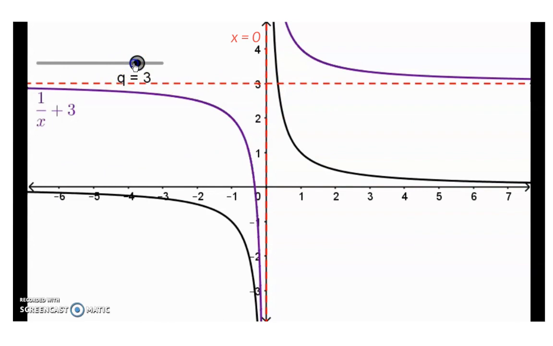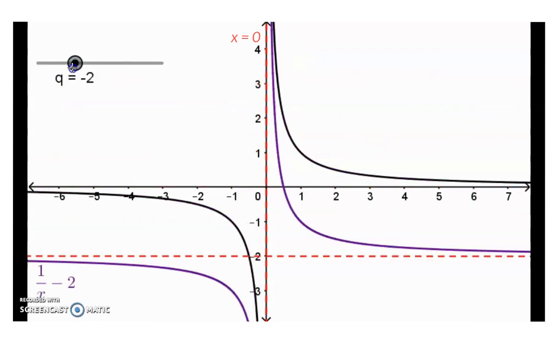And the same goes for a negative q value. This q value shows you that the asymptote moved down. With a straight line and the parabola, the constant value indicates the y-intercept, but the hyperbola does not intersect the y-axis. For the hyperbola, this constant value indicates the horizontal asymptote.